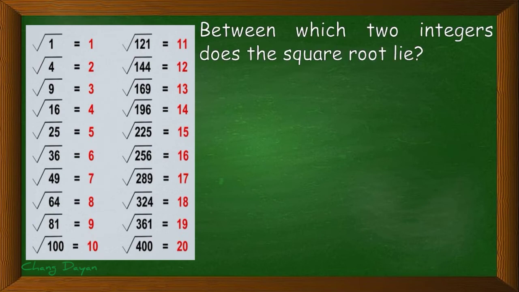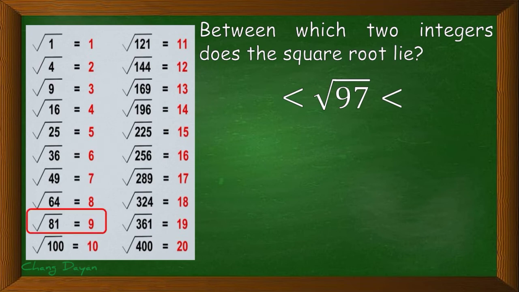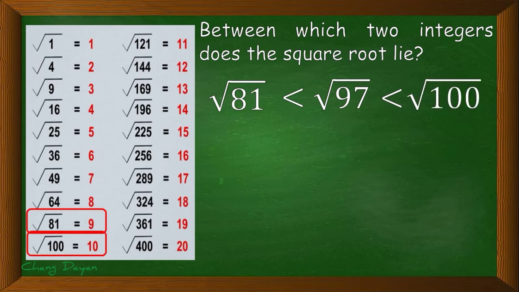Between which two integers does the square root lie? So, square root of 97 is greater than square root of 81, correct? But less than square root of 100. Extract natin. The principal root of 81 is 9.